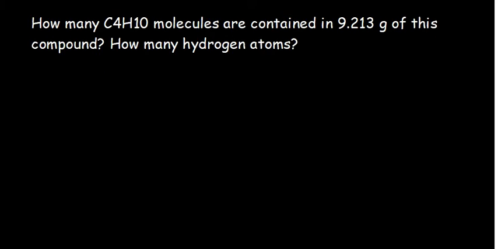And then finally, how many C4H10 molecules are contained in 9.213 grams of this compound, and how many hydrogen atoms are also contained? So feel free to try out this question from what you've learned so far. Okay, so we basically understand that each time we are determining any number of particles, it may be molecules, it may be atoms, we get to work with the Avogadro's constant, which is 6.022 times 10 to the power 23.